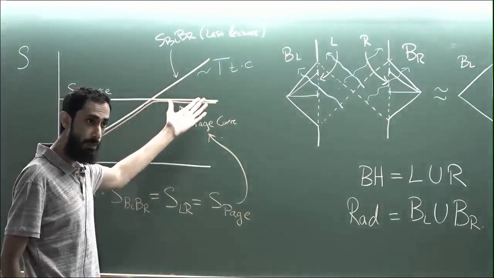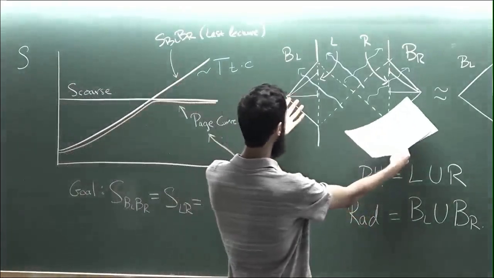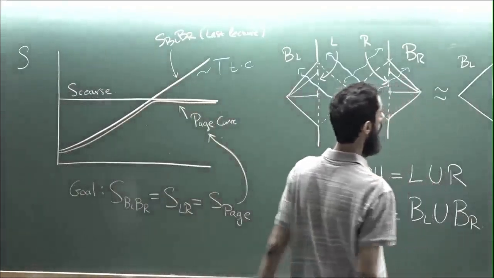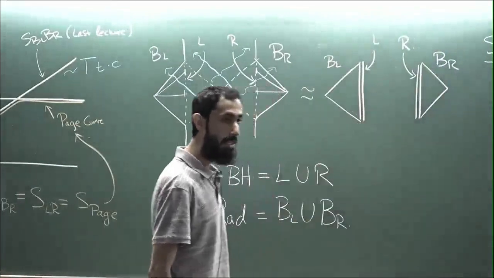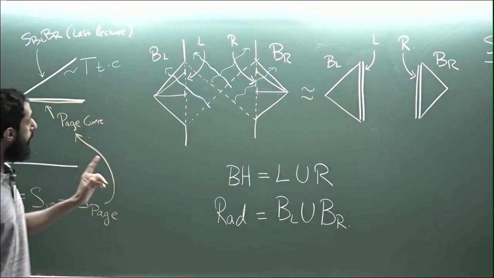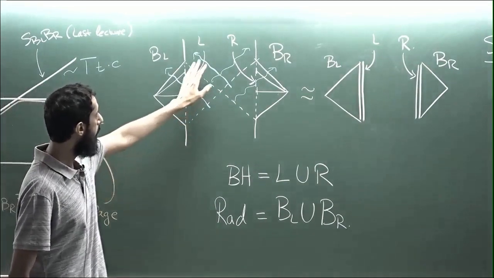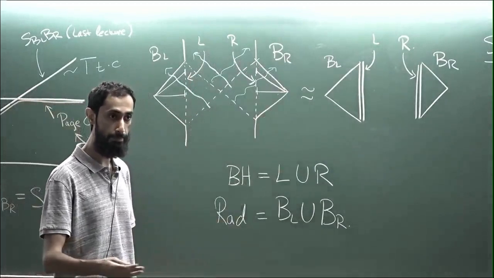And why is this an information paradox? Because this says that the entanglement entropy between the bath systems and the left-right systems grows arbitrarily large in time, but notice that the mass or the energy of the left-right system is constant in time.